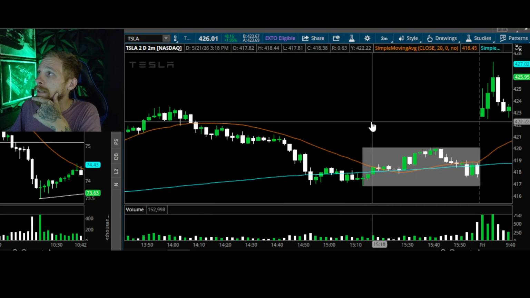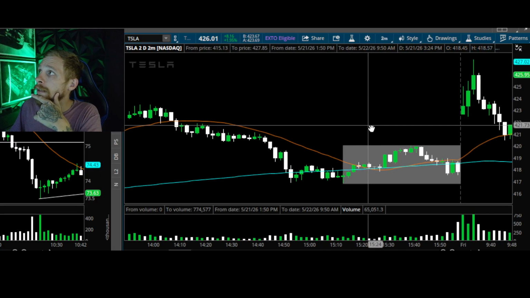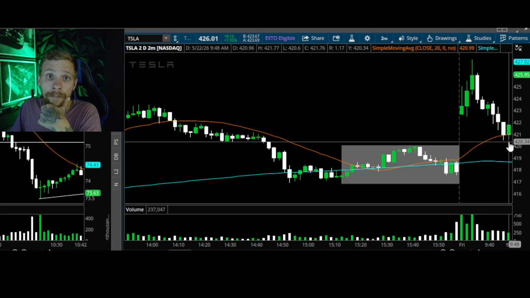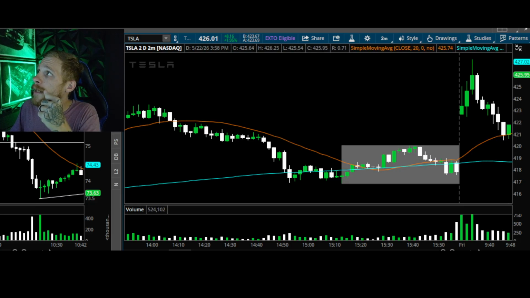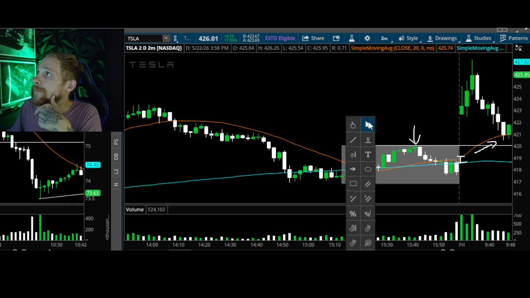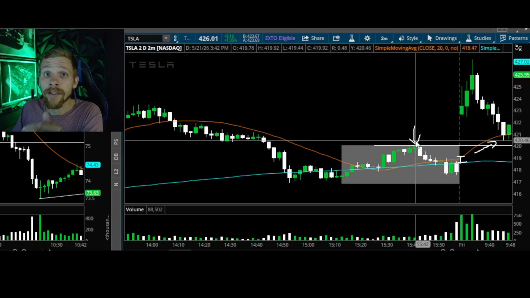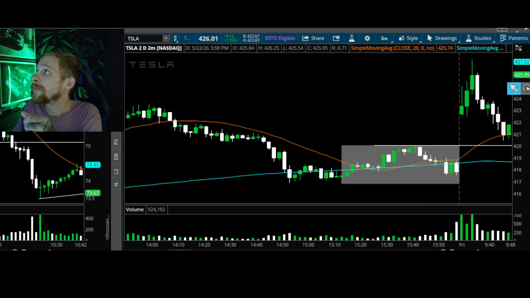We get some pullback here, we get a little green candle, we get more pullback, right to the 20 SMA. We're sitting right at the 20 SMA, and the 20 is still trending upward, coming from this narrow state. The top of the Fab 4, the high, is right here. That's the support, the highest point of the last 45 minutes that we marked on our Fab 4.